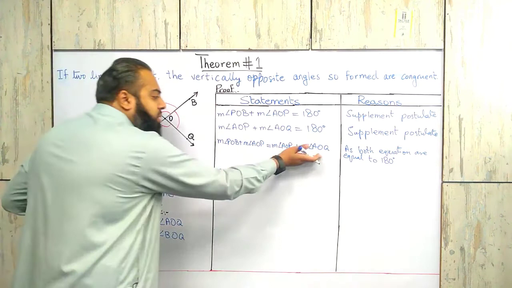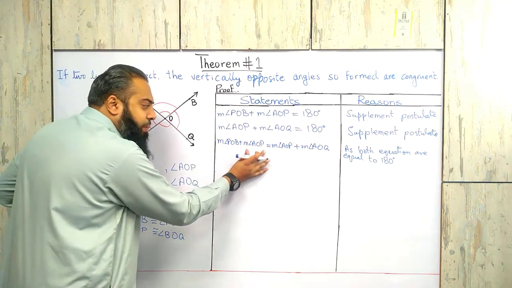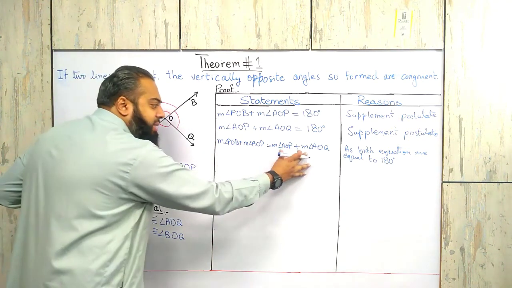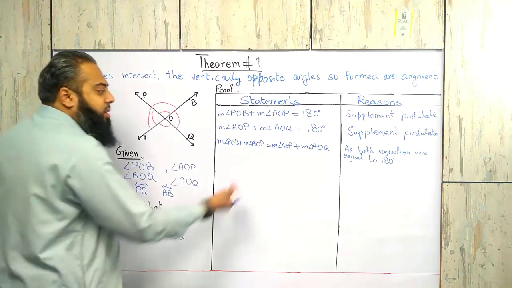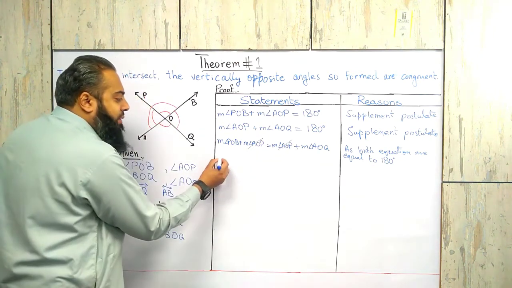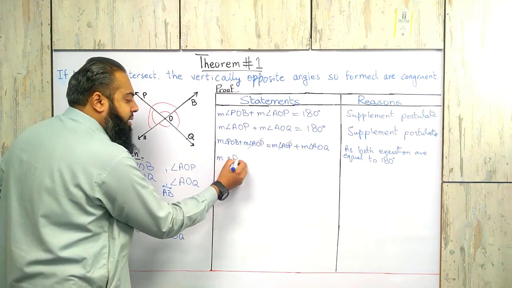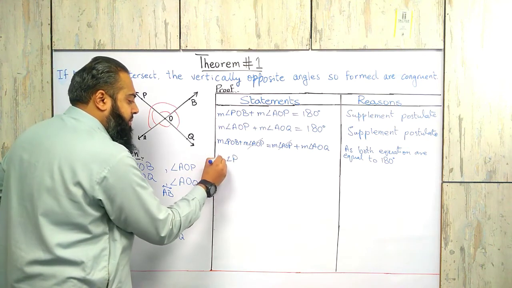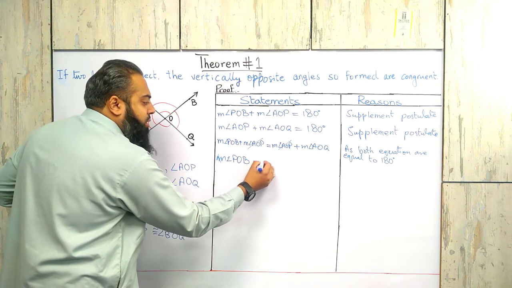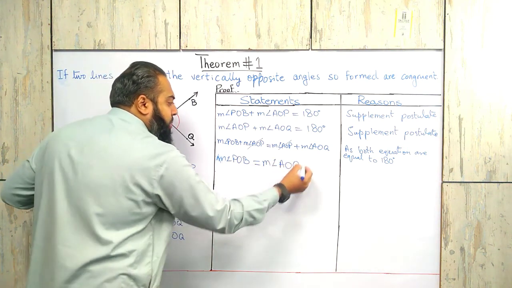Now, we can clearly see that measure angle AOP is common on the left hand side as well as on the right hand side. So they will cancel each other, and our equation becomes measure angle POB equals measure angle AOQ.